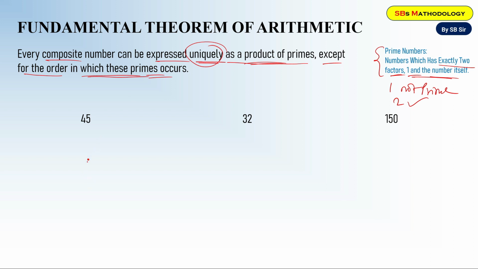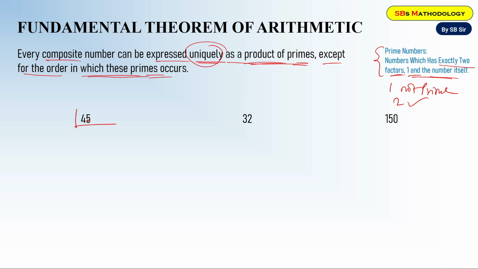Now if we factorize 45, we can easily divide it by 9. So we can definitely start with 9, but we have to remember that we are going to factorize as a product of primes. This is why we have to start dividing with primes only. 9 is not prime, it is a composite number, so we have to divide with primes.